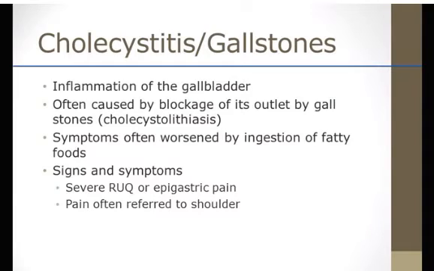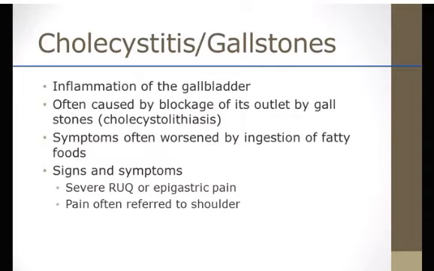Now, if it's just one stone, they can go in and just kind of laser that apart, break it apart, and let it work itself through. If there's a lot of stones in there, they frequently will remove the gallbladder. And that then will cause problems with digesting. They have to kind of learn to adjust their diet accordingly because they're going to be missing that bile production.